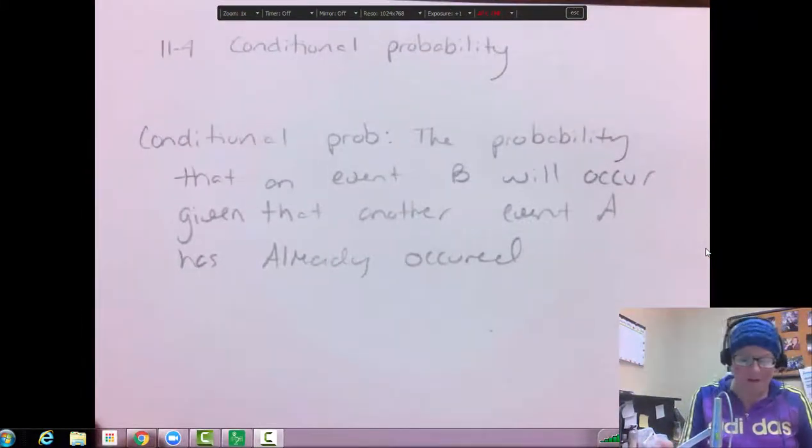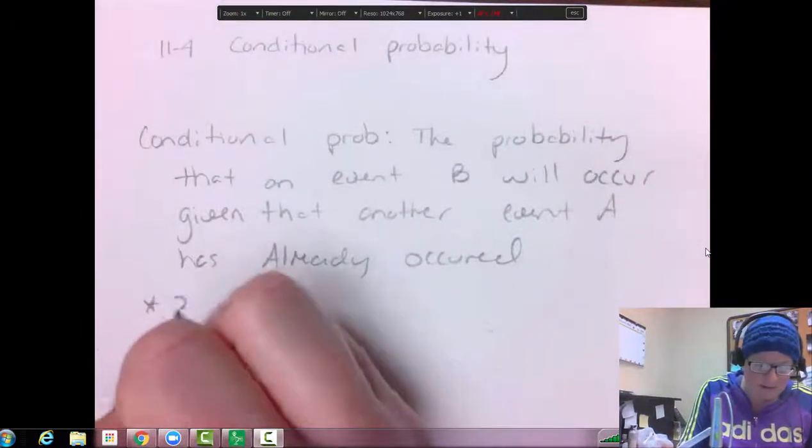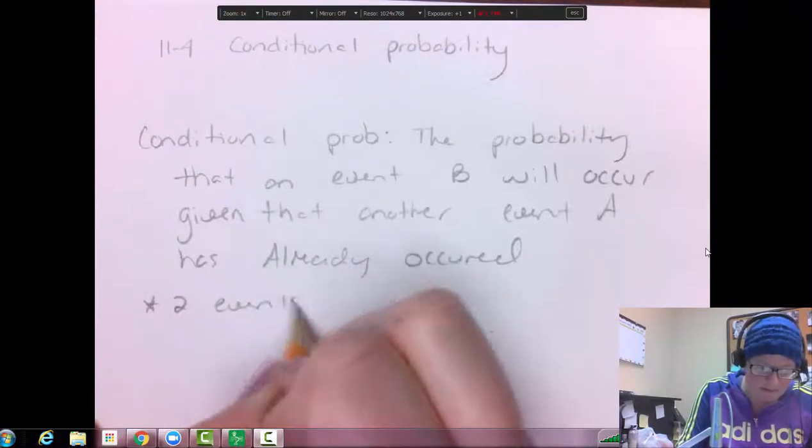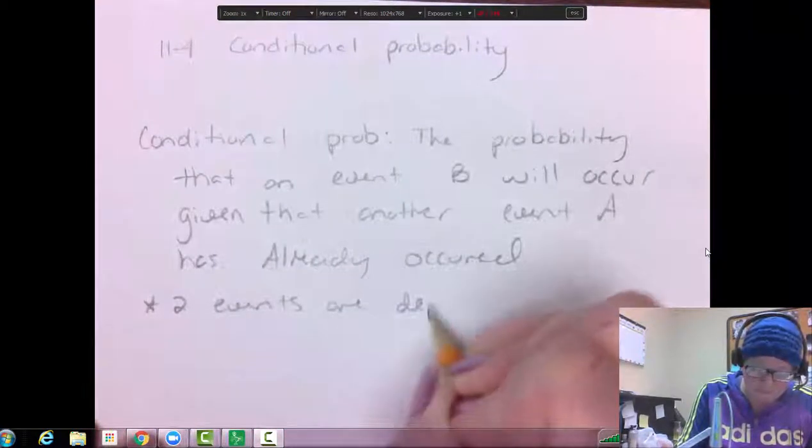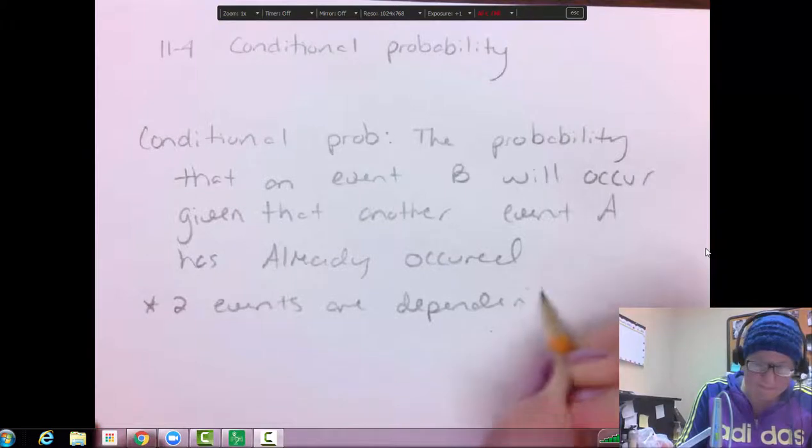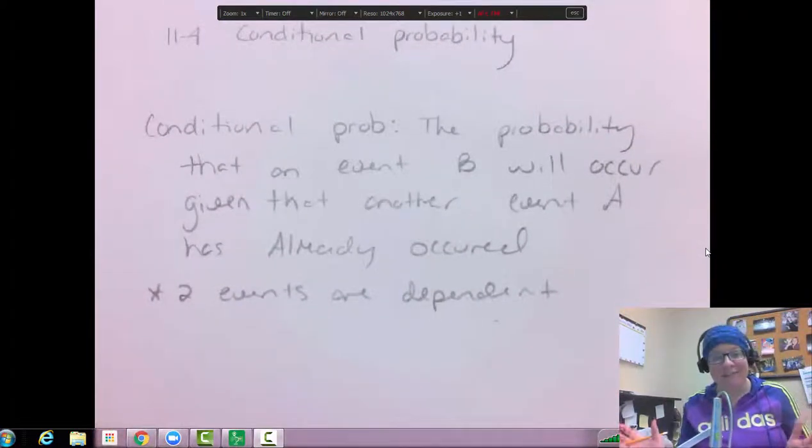So the two events are dependent. Okay, so that's the idea of conditional probability.